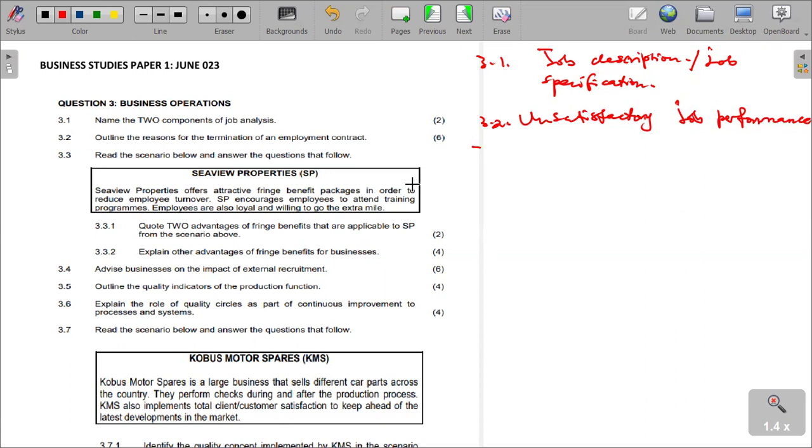The employment contract can be cancelled or terminated. The employer may retrench some employees due to insolvency, inability to pay the employees, not having capital or money to pay the employees, which can cause somebody to have the employment terminated.